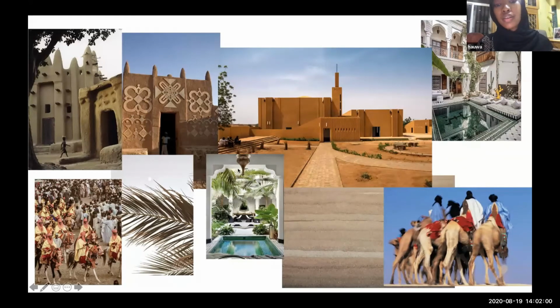And because Kano, or Hausa land generally, is typically very hot, I wanted to also create this cool interior space where, even though you're in a hot climate, you can find some greenery and relax and have this sort of cool indoor, semi-indoor, outdoor experience.